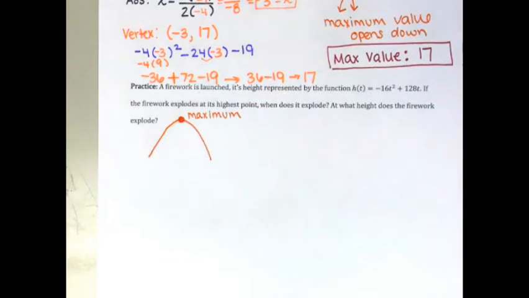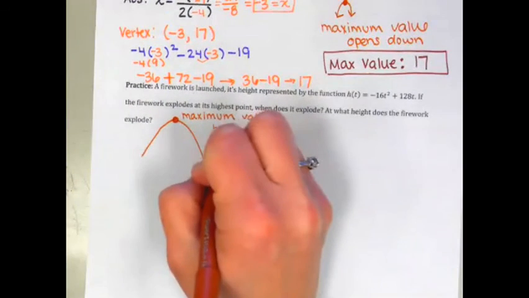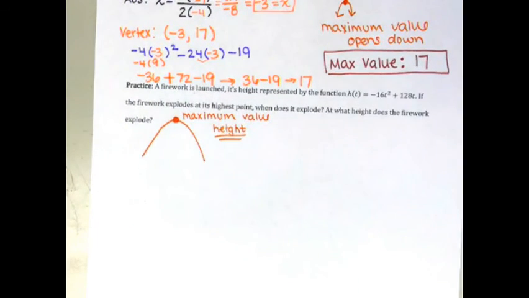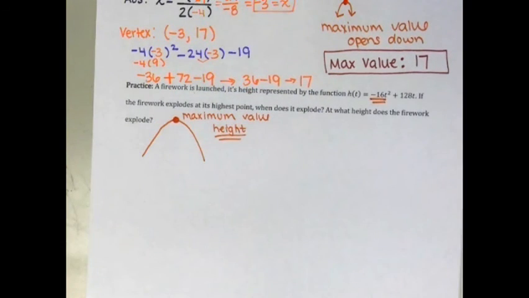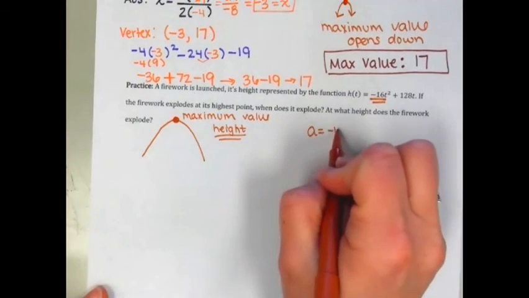So we have a maximum point, which is the maximum value, which in this case is the maximum height that your firework will actually hit, right? And how did I know, besides knowing what a firework does, that this parabola opens downwards? Isn't my a negative? Yeah, my a is negative. So in this case, what's my a? -16.